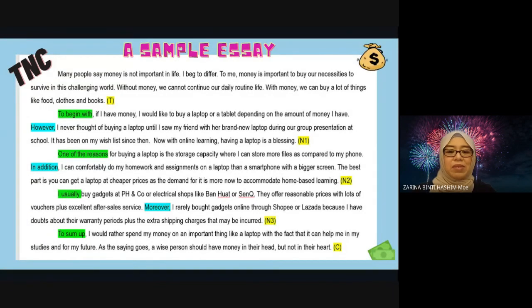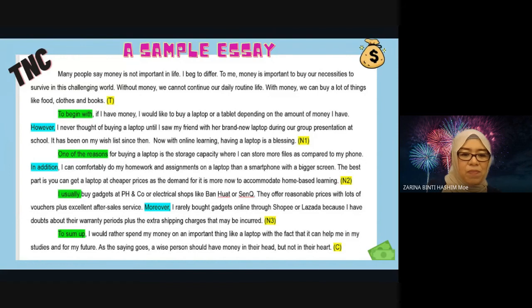Having a laptop is a blessing. Maksudnya dengan keadaan sekarang ni, home based learning, kalau ada laptop tu lagi bersyukur lah kan. Senang kan kamu nak buat homework dan sebagainya. So that is N1. Nampak tak macam mana cikgu elaborate? Dia ada macam 3 line tapi ada berapa ayat ni? 1, 2, 3, 4.